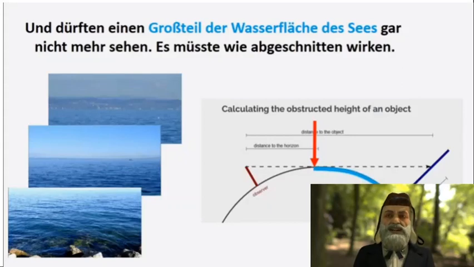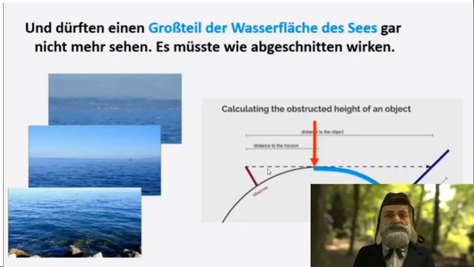So what he's claiming, and I'm translating the top portion that's written in German here, is that we should not see the larger portion of the lake at all, the blue line here. That portion we shouldn't see because his observer height is lower than the object's height.